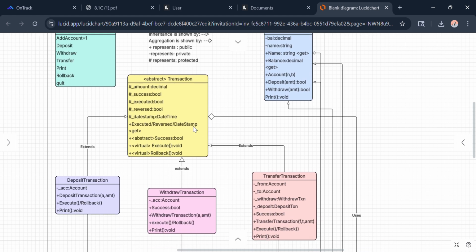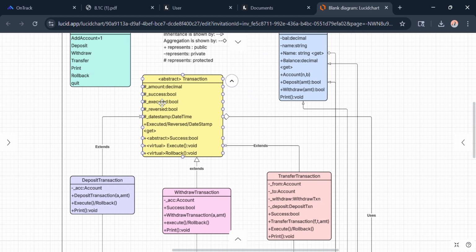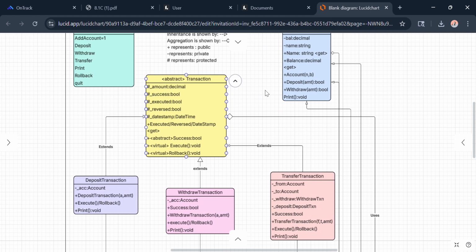Here we can also see that there are some variables having a hash in front of them. This means that the variables are protected, meaning that they can only be accessed in the inherited class, not in another class.